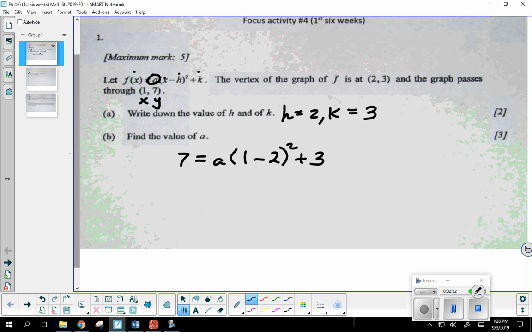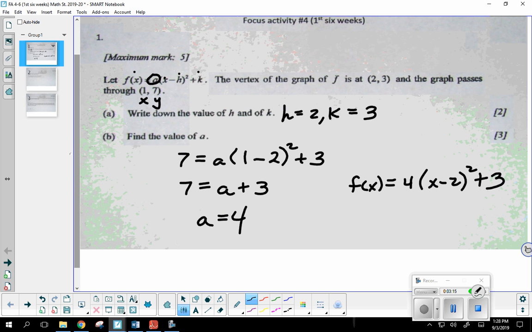That negative is going to become positive. So 7 is equal to 1a plus 3. So we see that a should be 4. All right, there we go. So if I'm looking at my vertex form, we ought to have f of x is equal to the scale factor of 4, then x minus 2 squared plus 3. There we go.